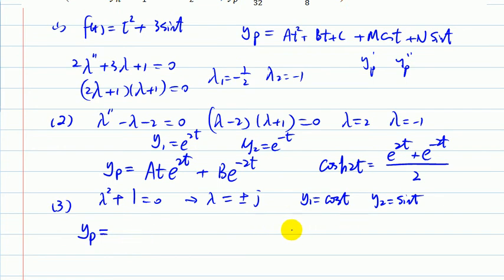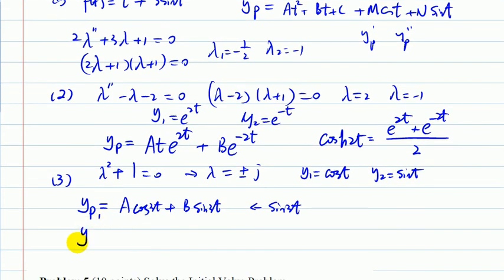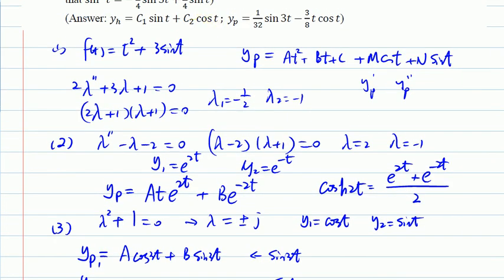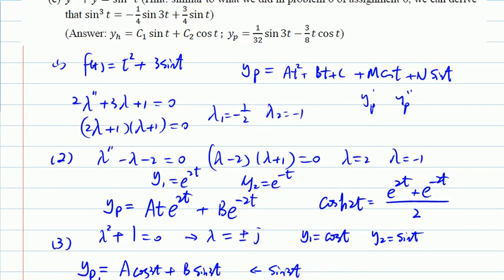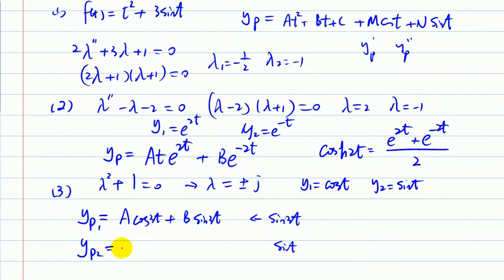So for sine 3t, the particular function is a cosine 3t plus b sine 3t. And for sine t, this portion of the forcing function is going to be c t cosine t plus d t sine t.